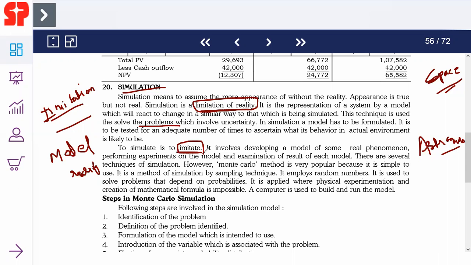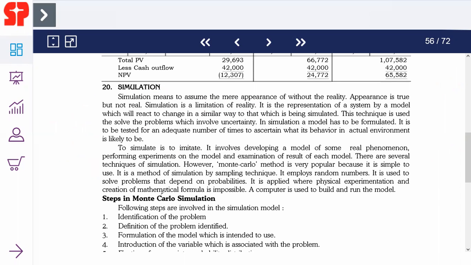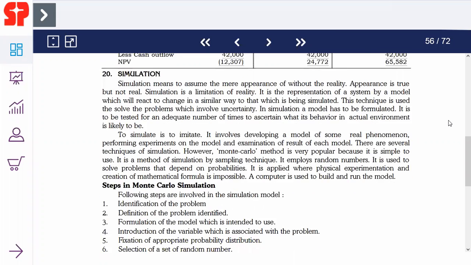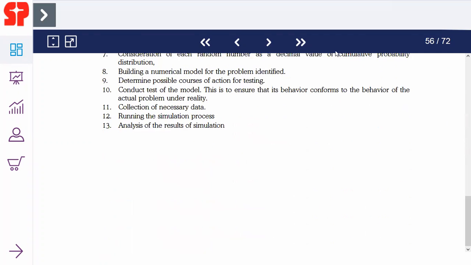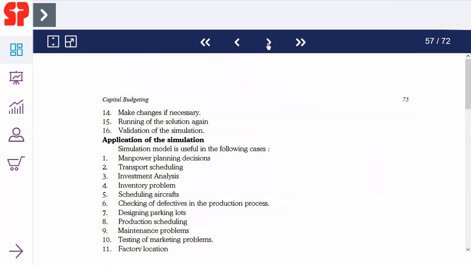By using simulation, we can solve day-to-day business problems, such as when you should place the order, and the supply pattern and demand pattern of the product. The simulation which we study is the Monte Carlo simulation. So, understood what is simulation? Simulation means the imitation of the reality. Before the actual environment, you do a trial experiment, and that is known as a simulation.